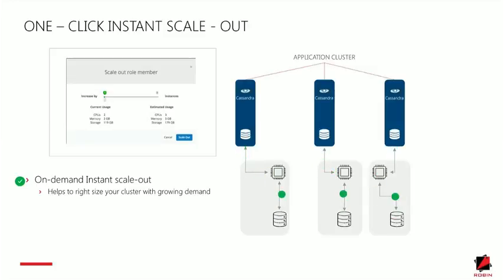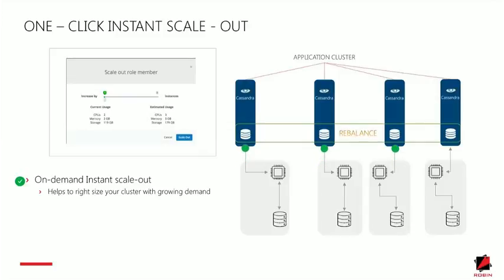It will add an extra node, rebalance the data, and it will become part of the cluster automatically. So the existing application doesn't suffer any outage or any changes. With a single click of a button, you have new nodes in your cluster.